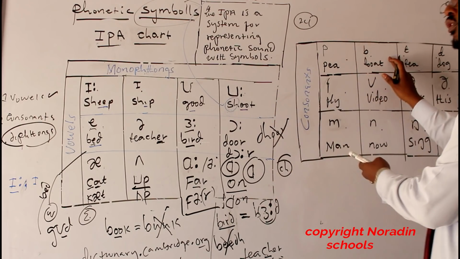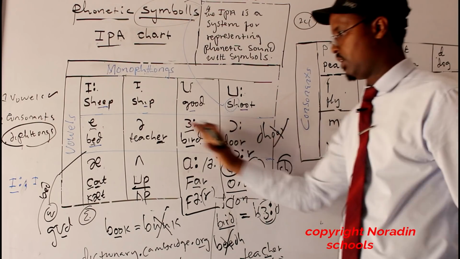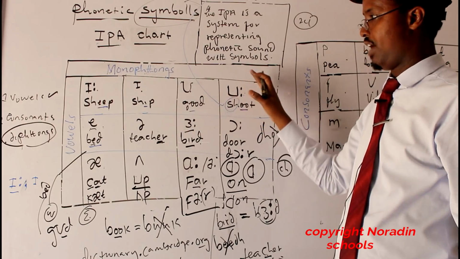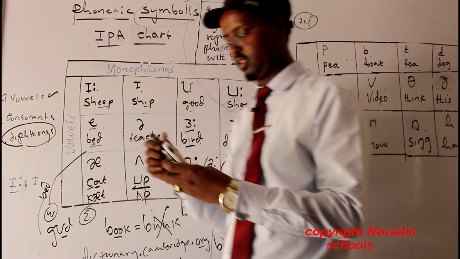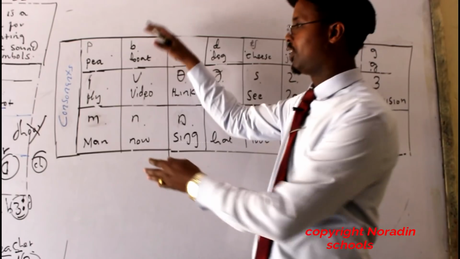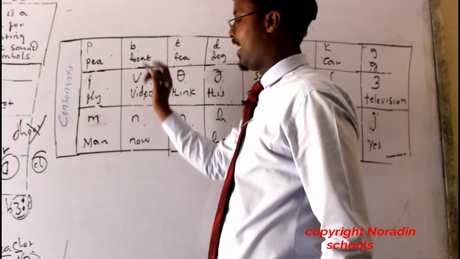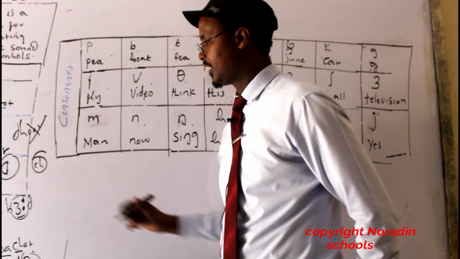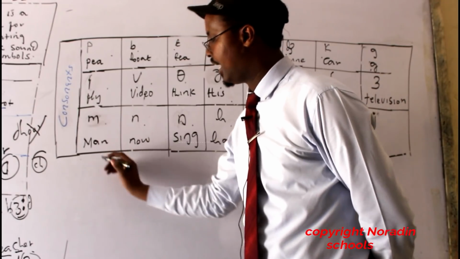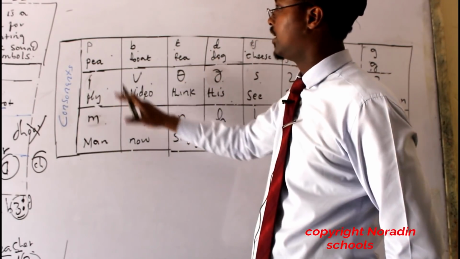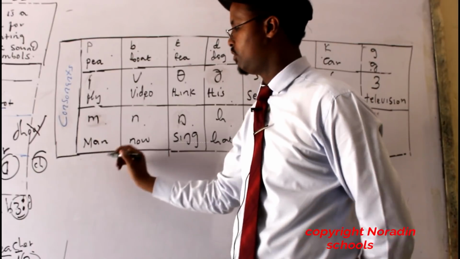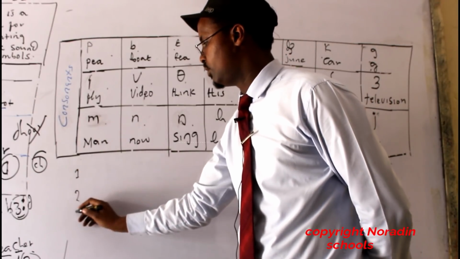Okay, then we will move to consonants. We will stop here in vowels, and then we will move to consonants. As I said earlier, we will come to consonants. I told you in the first section that this pronunciation are divided into three. 1, 2, 3.